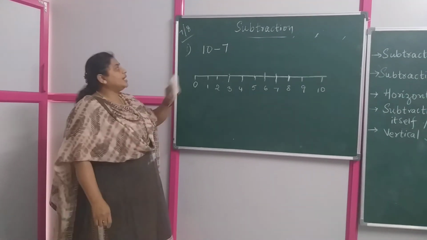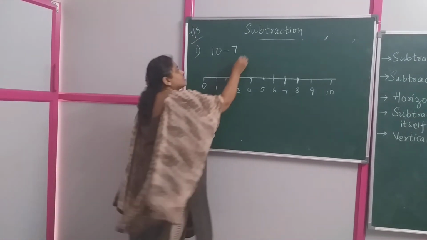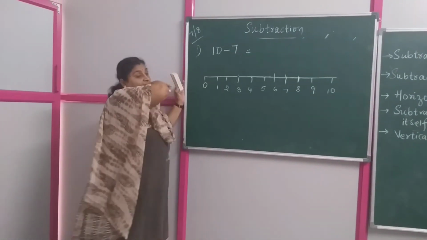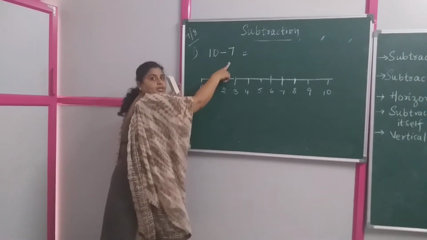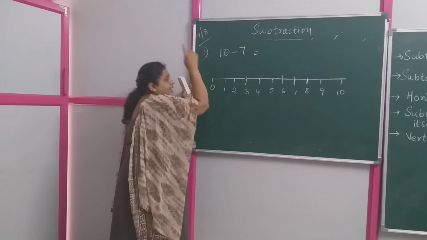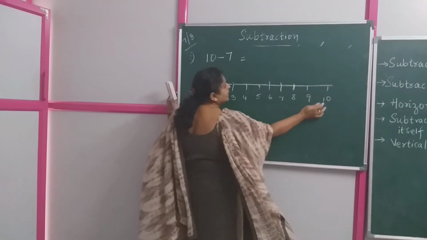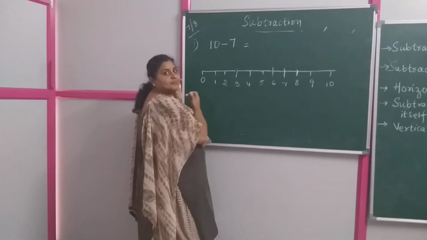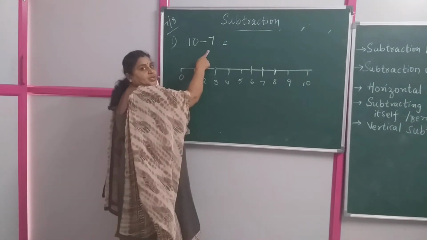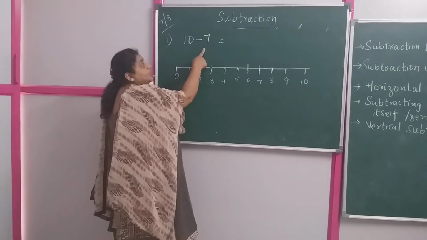Let us take a bigger number. 10 minus 7. Now from where do I need to start? From 7? No. From 10. So from 10 I start, and how many back steps do I need to take? 7.